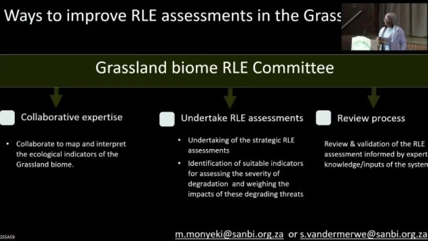We would also like the experts within this group to undertake assessments. Obviously, not at the national level, but if people are interested and have the data, they can select one or a few ecosystem types that they can assess and uplist. And SANBI will make sure it is available to guide and provide all the resources that are needed.